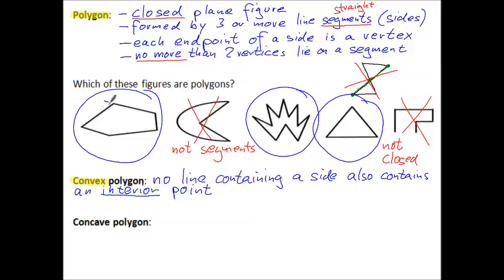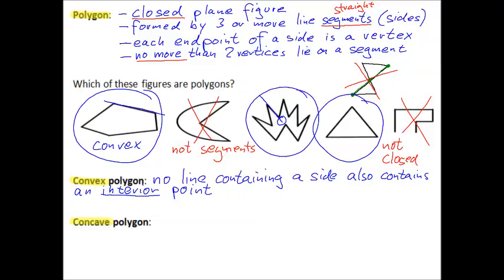If we trace a line along the side of the polygon and that line doesn't contain interior points, then we call it convex. But look at this other polygon here next to it. If I take, for example, this line and I keep tracing, then at some point I get to the interior of the polygon, and that is not convex. And that is essentially what concave means.